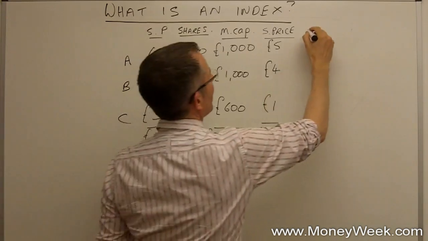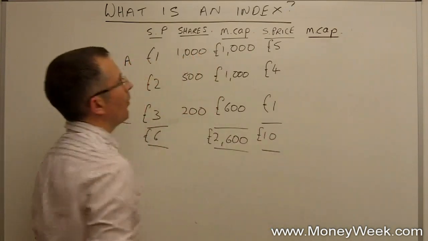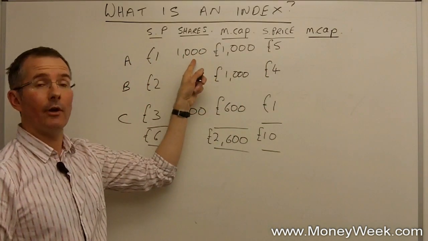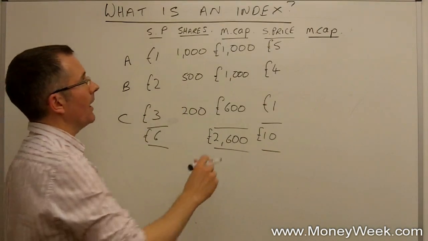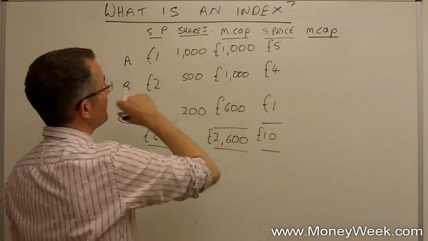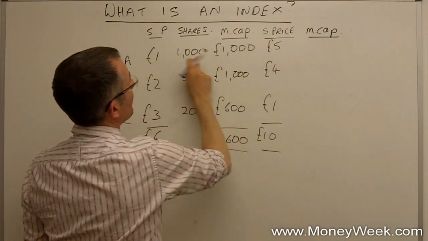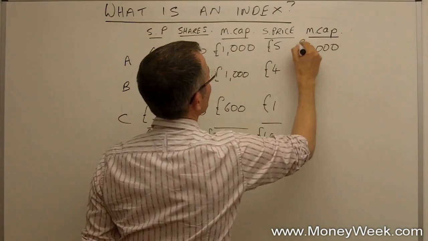And the revised market capitalizations. What I'm going to do this time is take the new share prices and multiply by the number of shares still in issue. Nothing much has changed there. So let's do that. 1,000 times 5, so the new market capitalization for company A is £5,000.